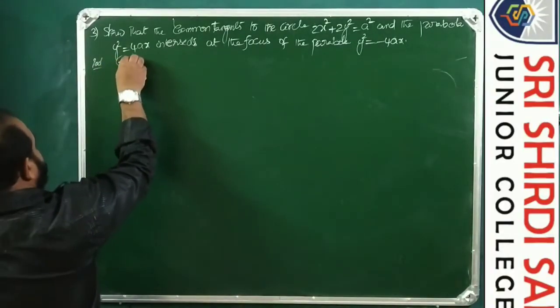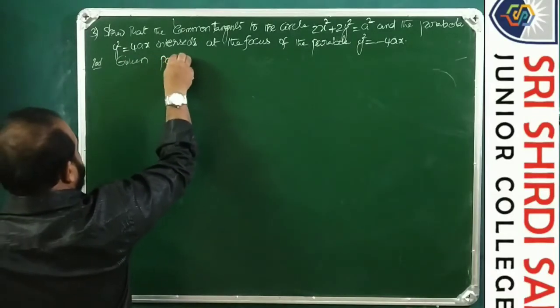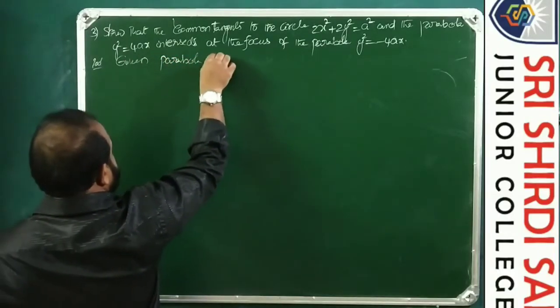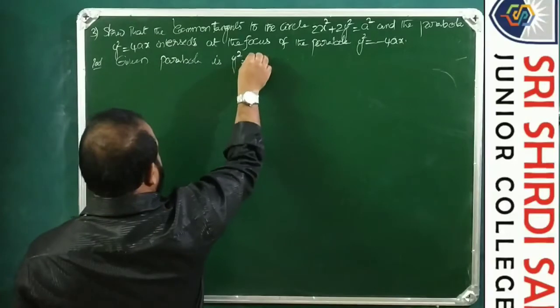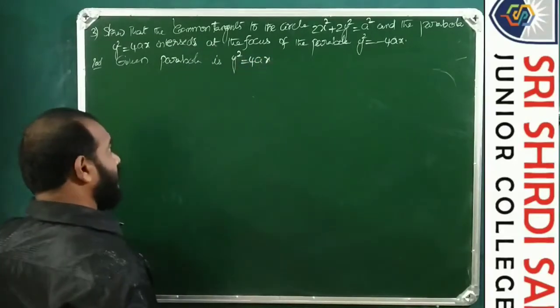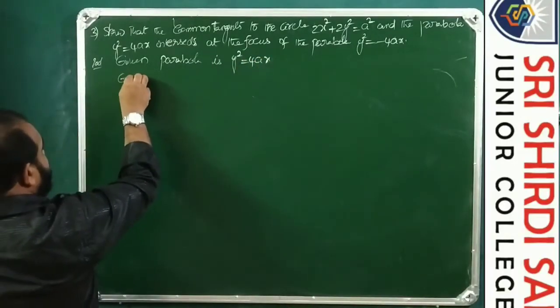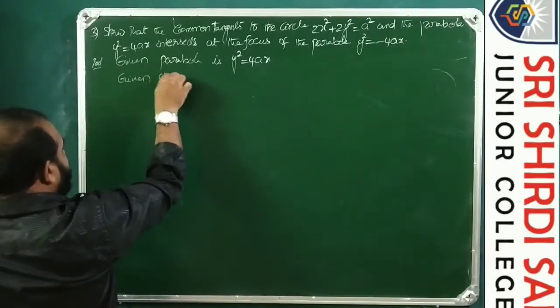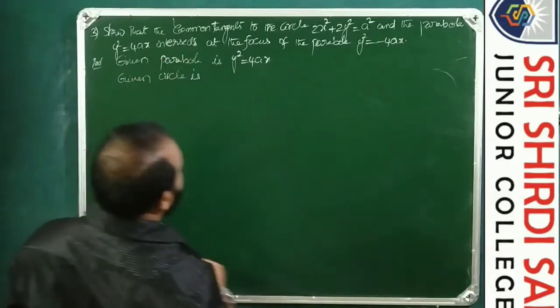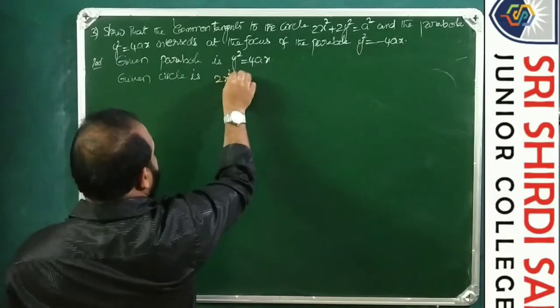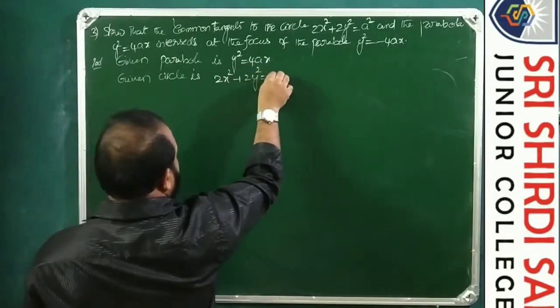Given parabola is y square equals to 4ax. Given circle is 2x square plus 2y square equals to a square.